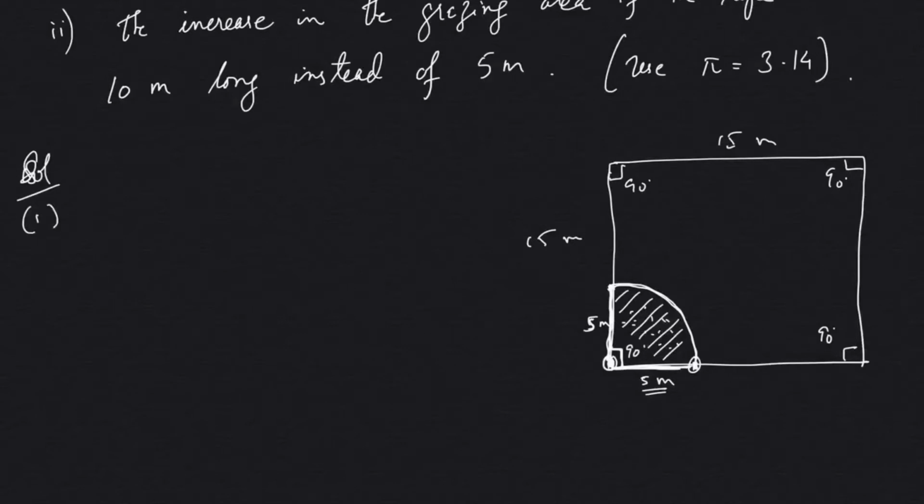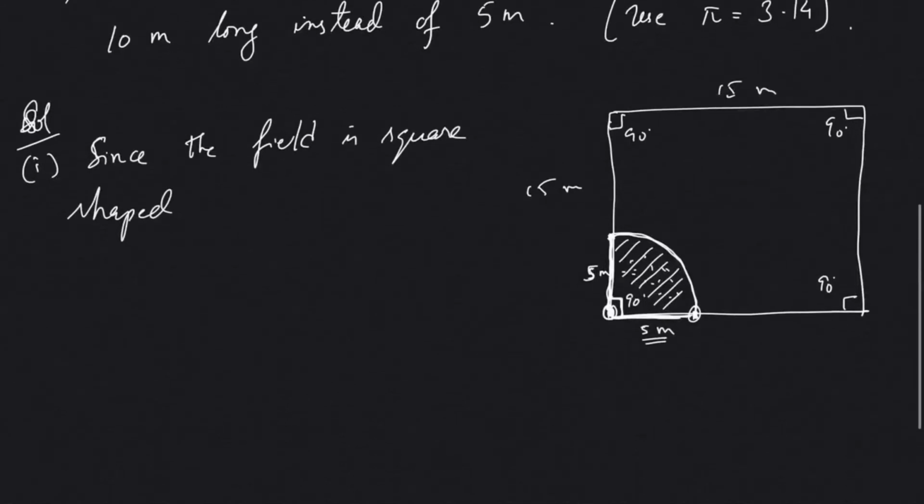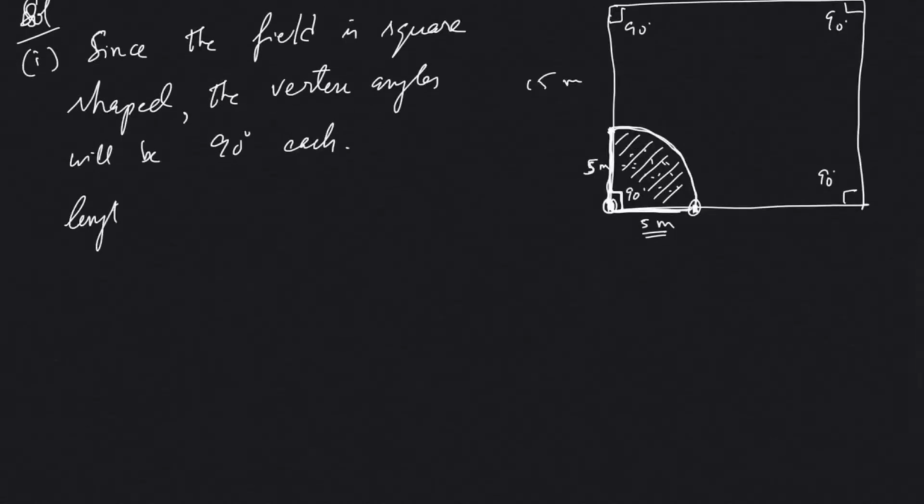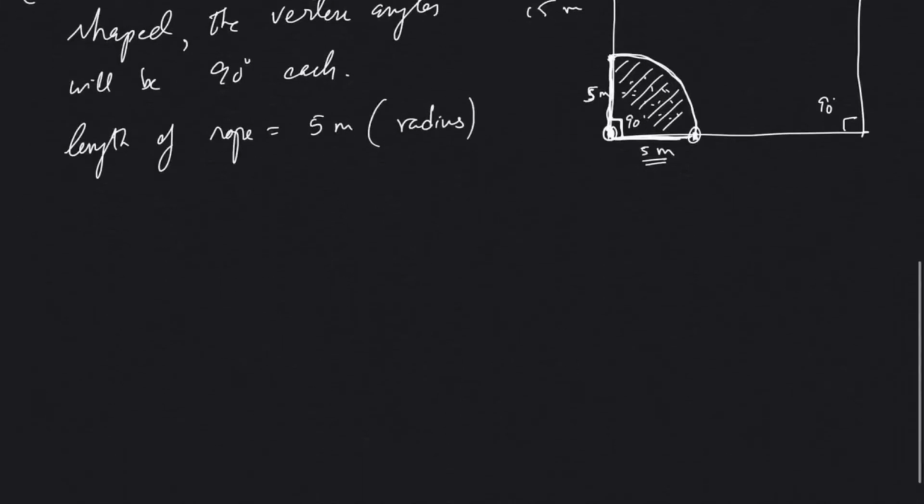So let's do the first part. Since the field is square shaped, the vertex angles will be 90 degree each. Length of rope is 5 meter, which can be taken as the radius.